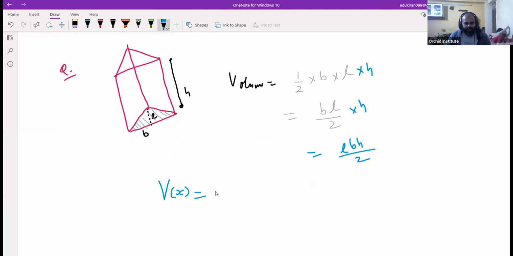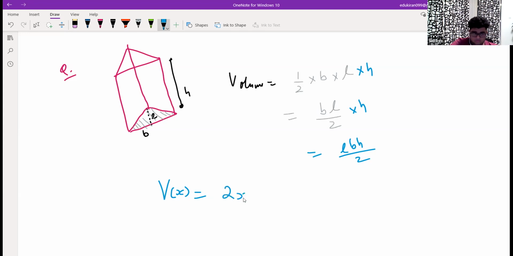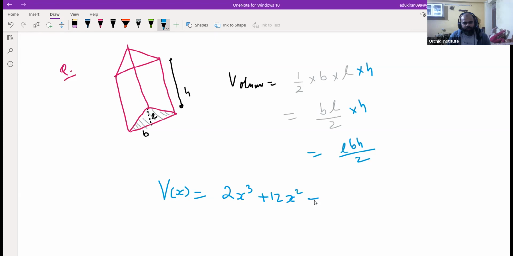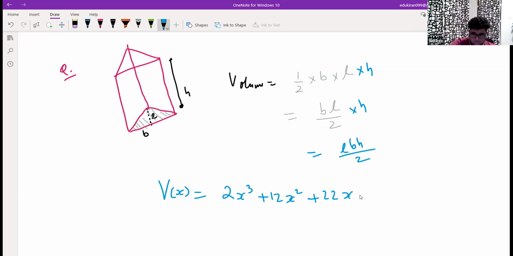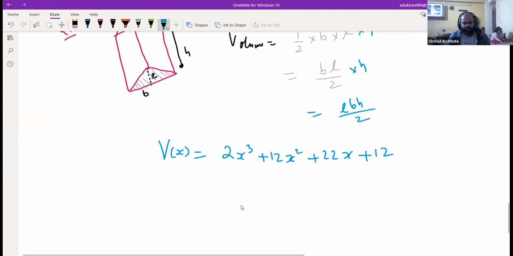What is V(x)? V(x) is 2x cubed plus 12x squared plus 22x plus 12. It is an application based question, though everything is the same as we did in the previous question. We will talk about this LBH by 2. First, let us talk about V(x).